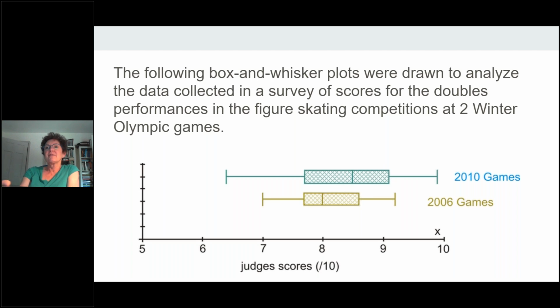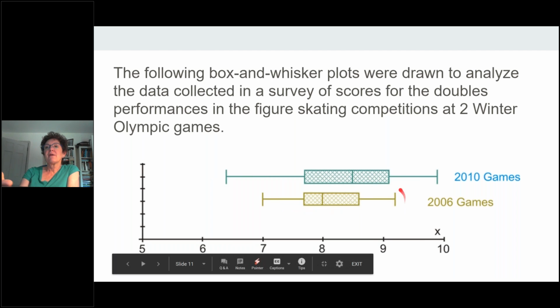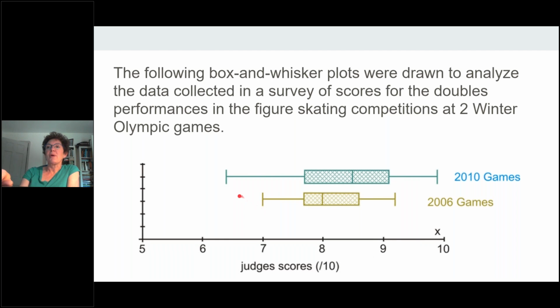Now, this is interesting because they've given us 2 box and whisker plots, sometimes called a double plot, and they're right on top of each other so that we can see how they compare. Look at this box and whisker plot compared to this one. The 2006 games have a much tighter spread than the 2010 game.